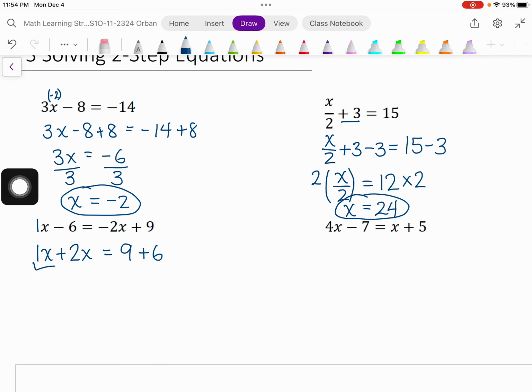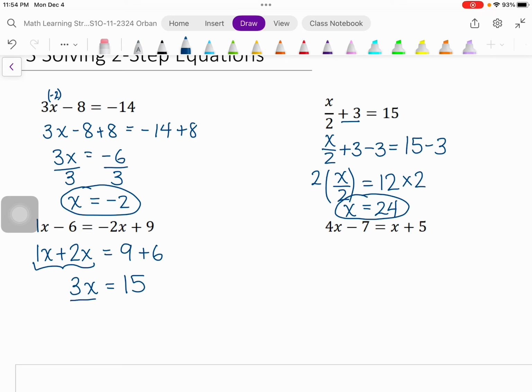What I'm going to do now is these are called like terms. They are both x's, so I can add them together. So this is like saying I have 1 apple and 2 apples, so in total I have 3. So I have 1x plus 2x, which is equal to 3x. And on the other side, I have 9 plus 6, which is equal to 15. So now to isolate x, right now I have 3 times x is 15.